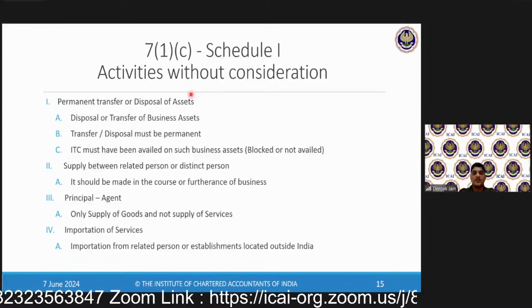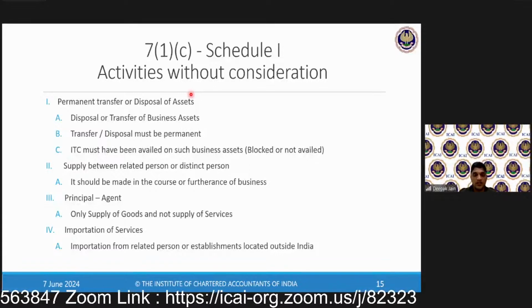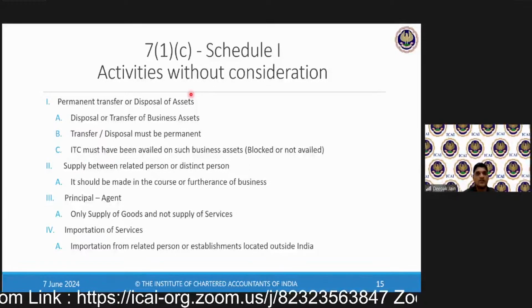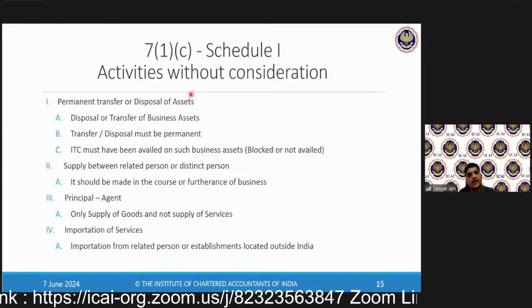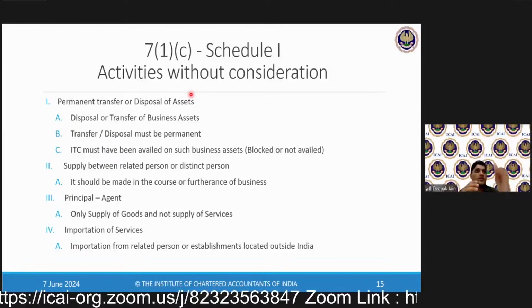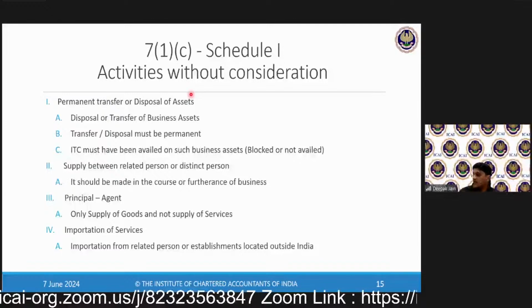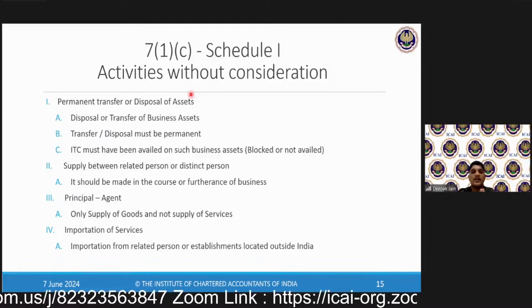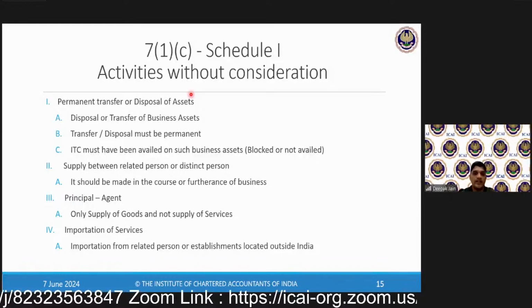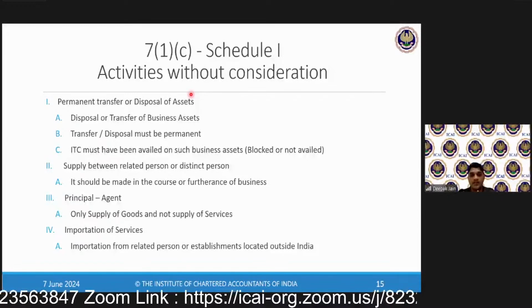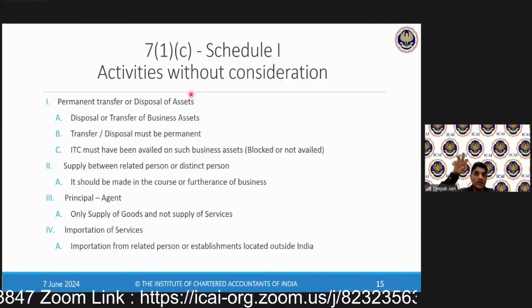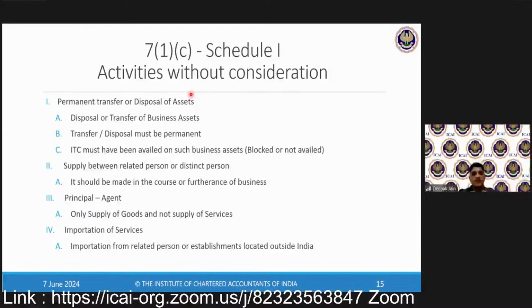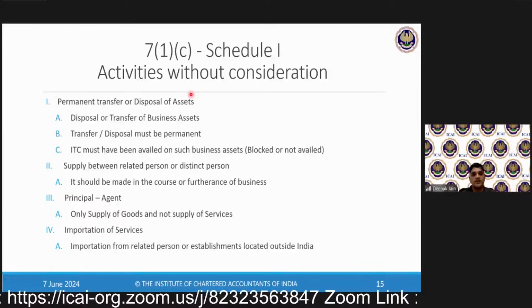If I am registered under GST, if I have 5 branches in one state, I've registered 2 branches under one GST saying this is one business, and another 3 branches in a different GST number. So in that case, these 2 entities will be treated as distinct persons, even though it is the same person, but the businesses are different.